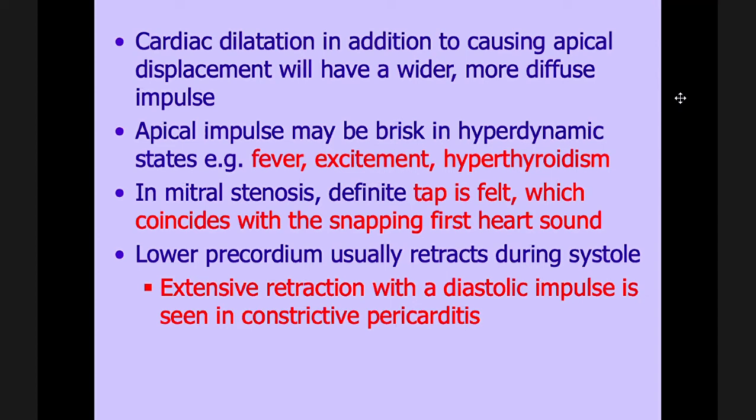Now, during systole, the lower precordium retracts. But if you have extensive retraction of the lower precordium with the presence of a diastolic impulse, this is seen in patients with constrictive pericarditis.